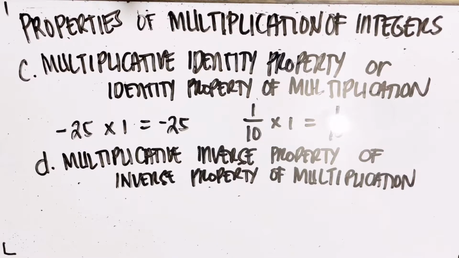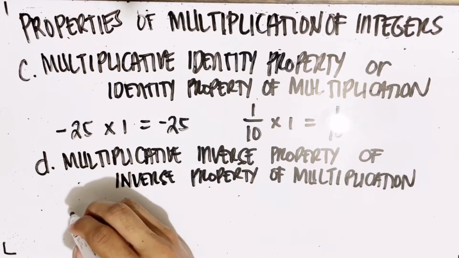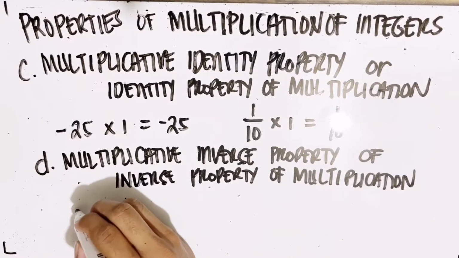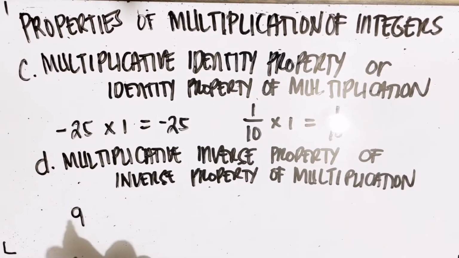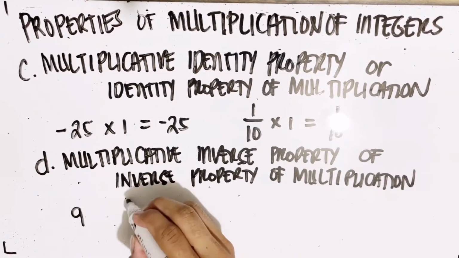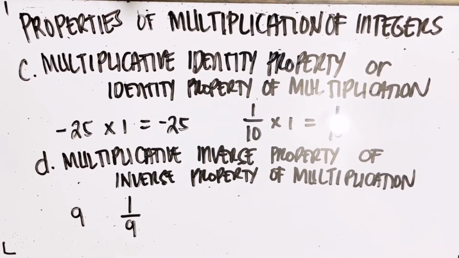When we say reciprocal, that is this one. If we have a number 9, the reciprocal of number 9 is 1 over 9. So it means 9 becomes the denominator of a fraction and the numerator becomes 1.